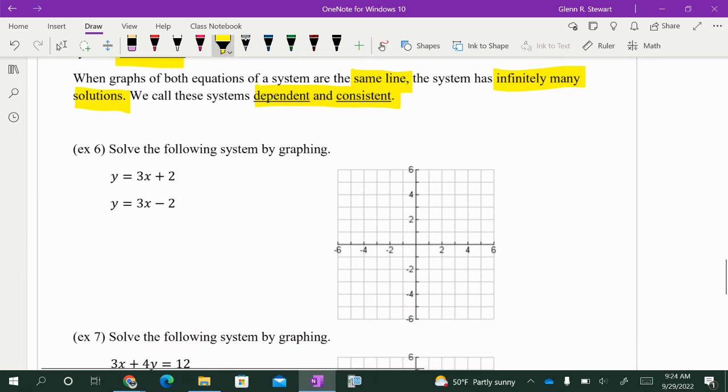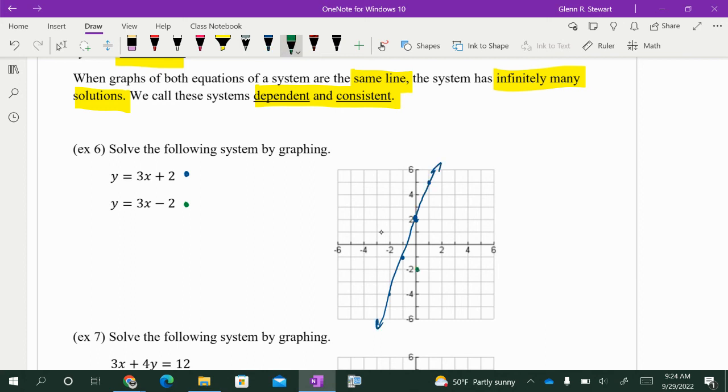Let's take a look at example number 6. I'm going to graph each of these. One of the biggest ways to determine if they're parallel, which in this case they are, is the slope. Same slope means parallel lines. So looking at this, if I graph, start at 2, go up 3 and right 1, down 3 and right 1. So here's my first line. And here's my second line.